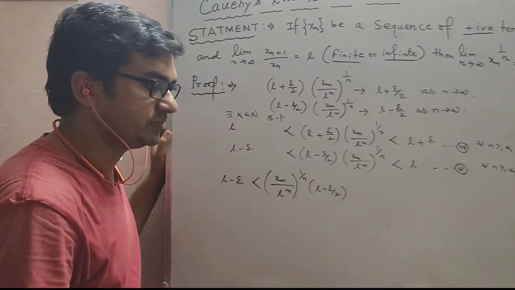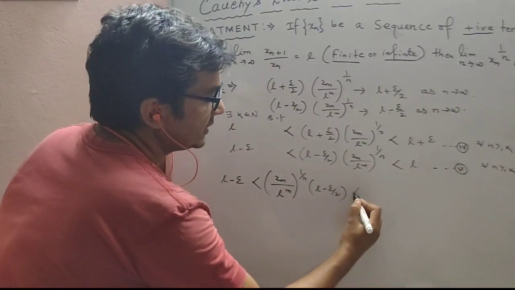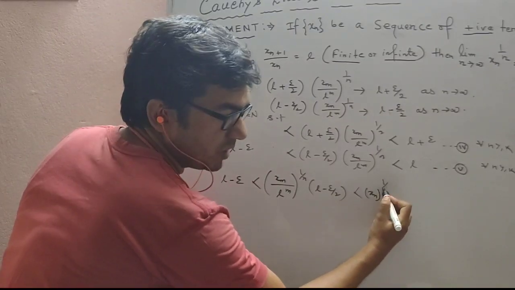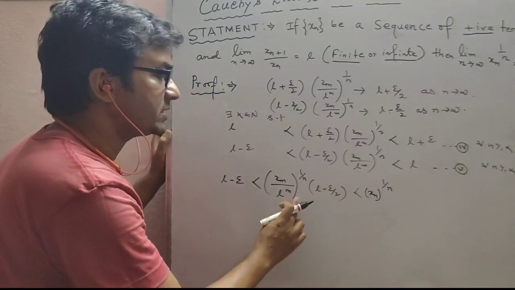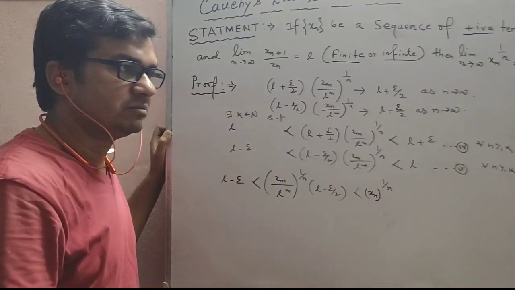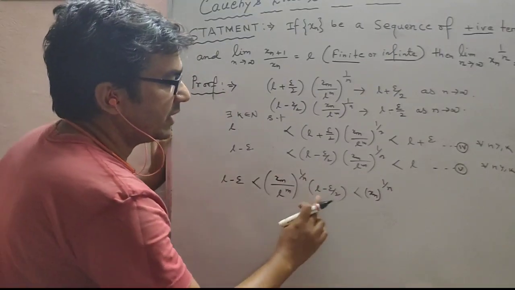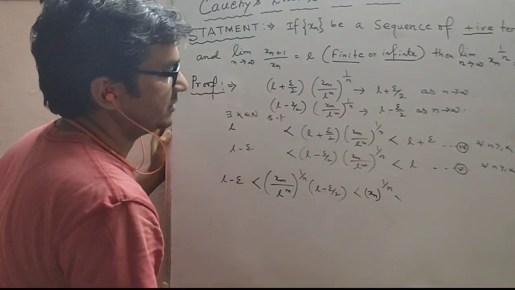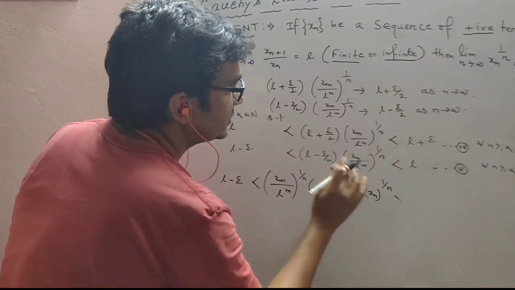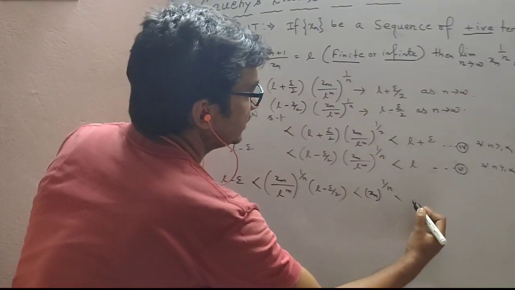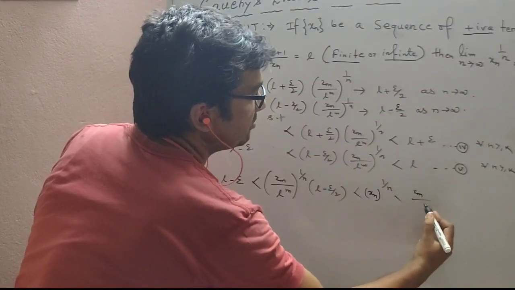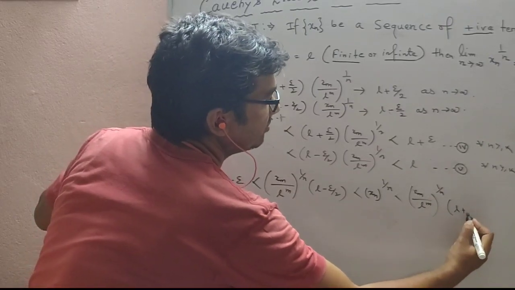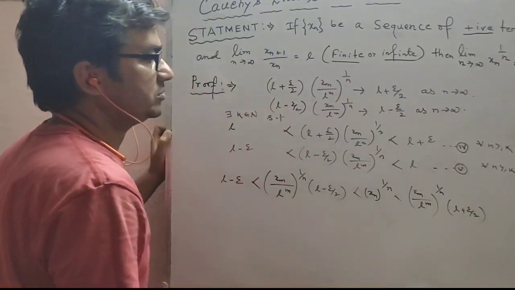This less than xn to the power 1 by n, and this can be proved earlier. xn to the power 1 by n less than, this also can be proved earlier, (xm by L to the power n) to the power 1 by n into L plus epsilon by 2.